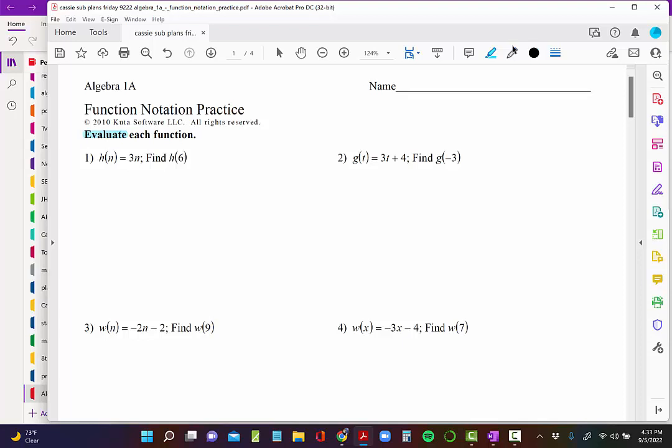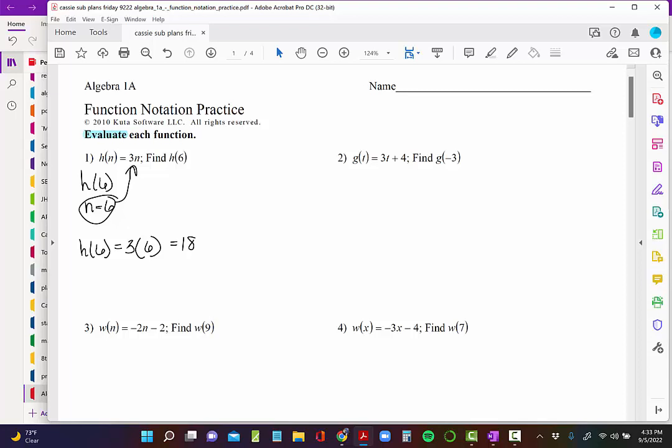Okay, so this means we have h of 6. That means n equals 6, so we're going to substitute in for every n. So that's h of 6 equals 3 times 6, or 18. Okay? So that's how you do that one.